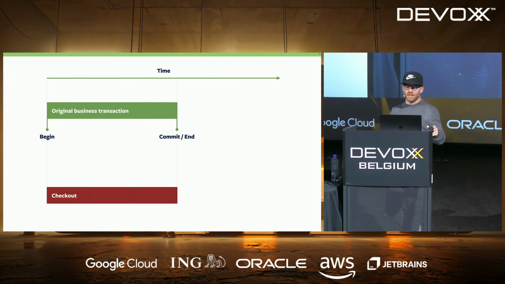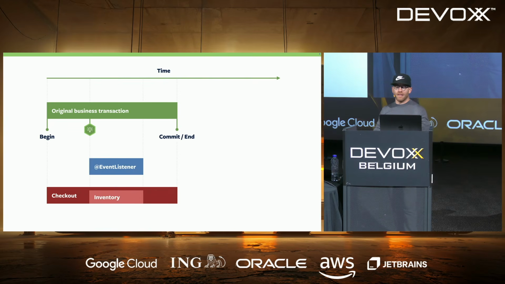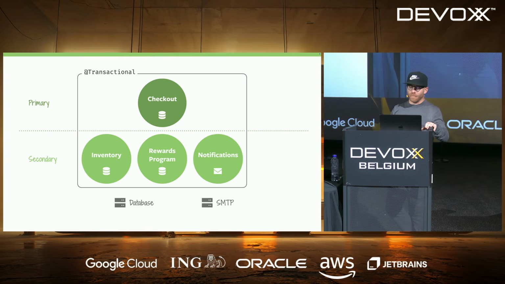So the way this works is that time is going from left to right. We invoke the original method and we create a business transaction, and the consistency scope is across the checkout module in the first place. We publish the event, and the event listener of the inventory is invoked. So the consistency scope now includes the inventory, and then we're good, right?